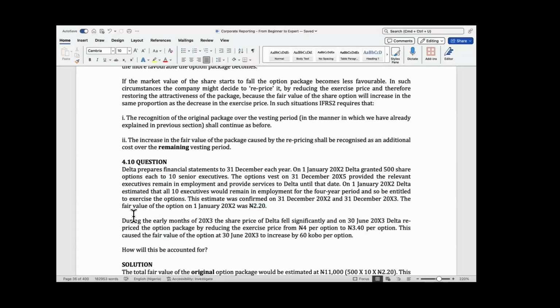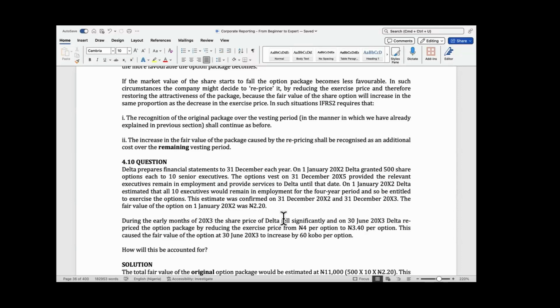We're now told that during the early months of 2003, the share price of Delta fell significantly, and on 30th June 2003, Delta repriced the option package by reducing the exercise price from 4 naira per option to 3 naira per option. So look at it. During the early months of 2003, after 1 year, the share price of Delta fell significantly.